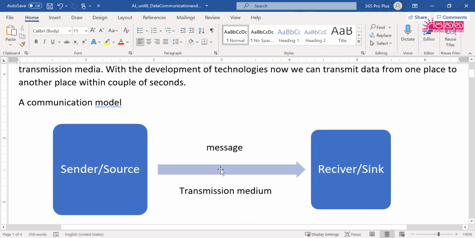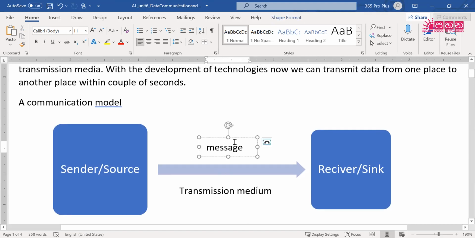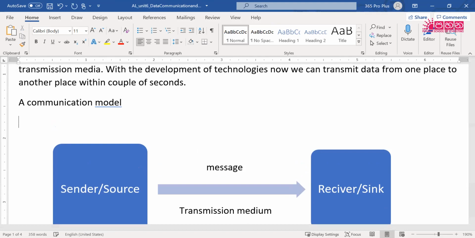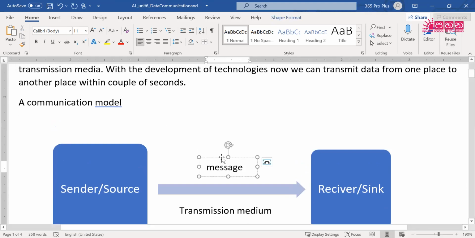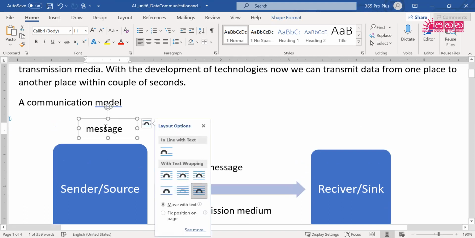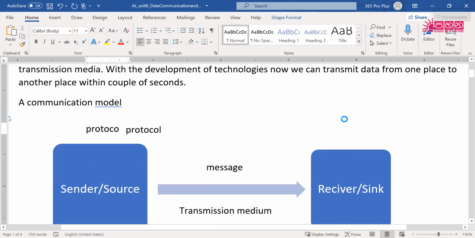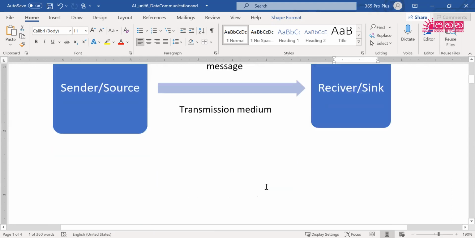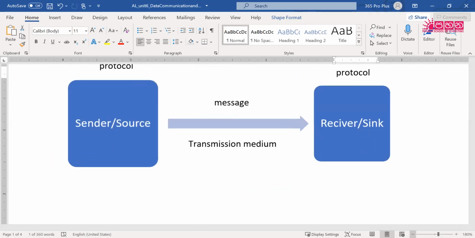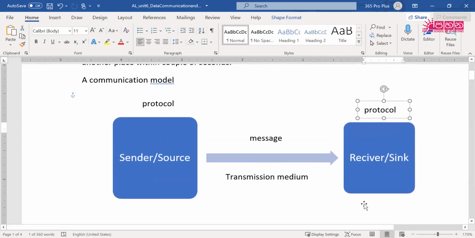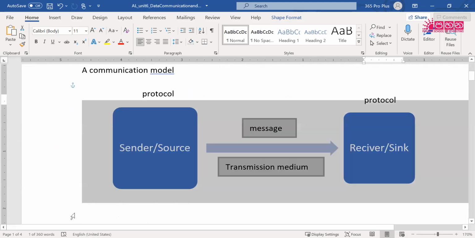And to communicate, you have to have a set of protocols. So that means we will have protocols. So these are the components, basically, in a communication model.